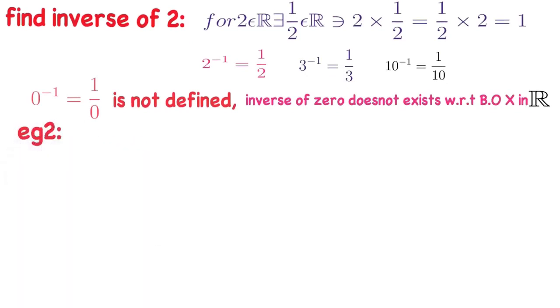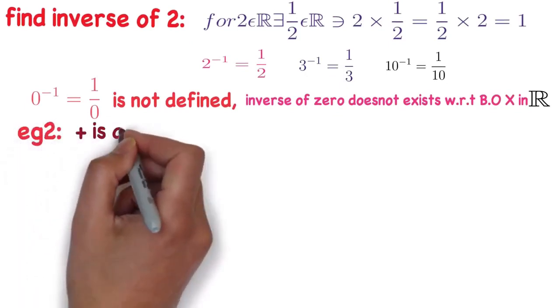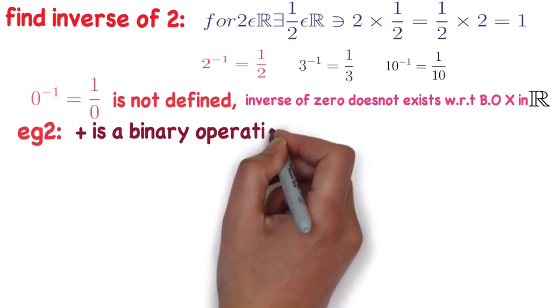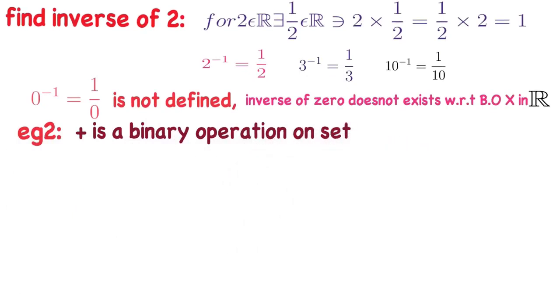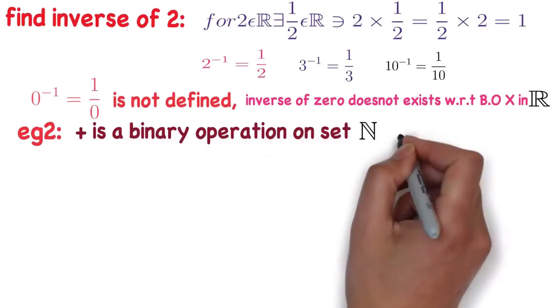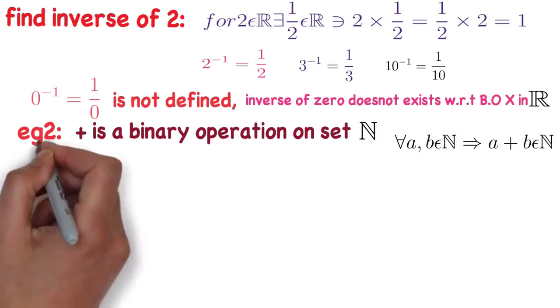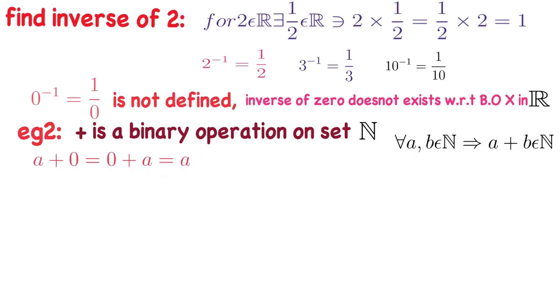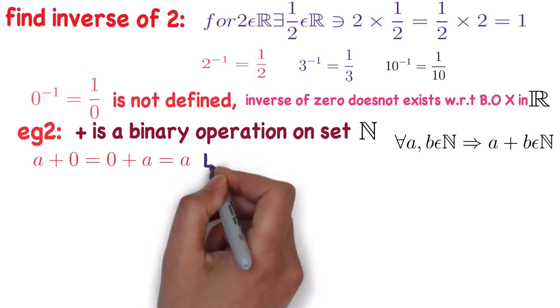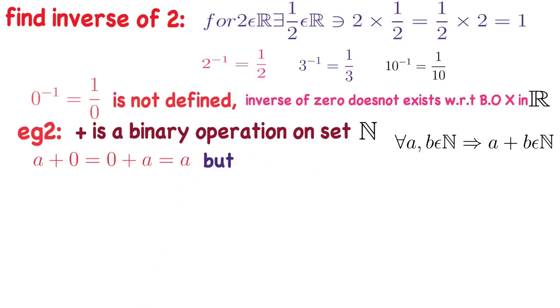One more example. Addition is a binary operation on the set of natural numbers. We'll check. a, b are any two natural numbers. The addition of two natural numbers is always again a natural number. So addition is a binary operation on the set of natural numbers. I am checking whether an identity element exists. a plus 0 equals 0 plus a equals a, but 0 is not a natural number.